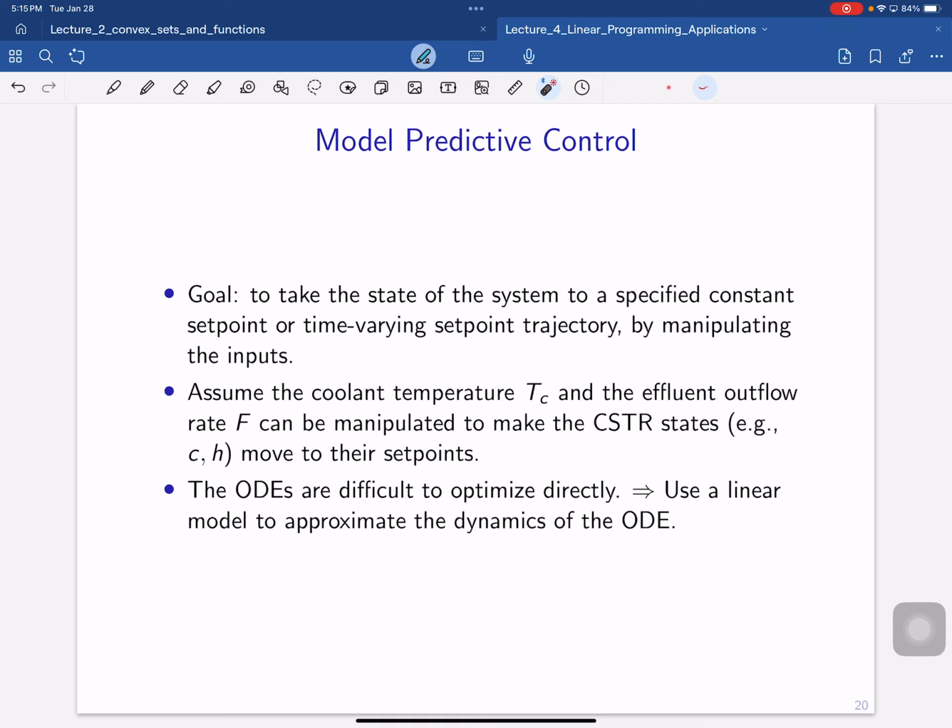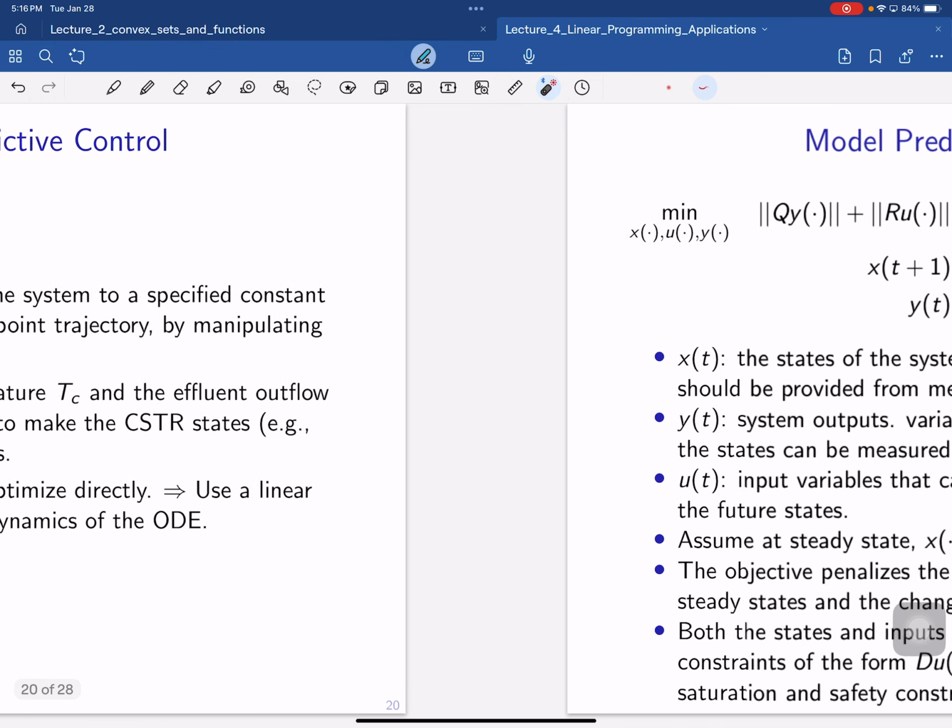Since the ODE system is nonlinear, it is not trivial to have linear equations that approximate it. If you are familiar with machine learning, you can think about generating a bunch of data from the system, and then using a linear model to fit the data. That's one of the ways you could approximate the dynamic system.